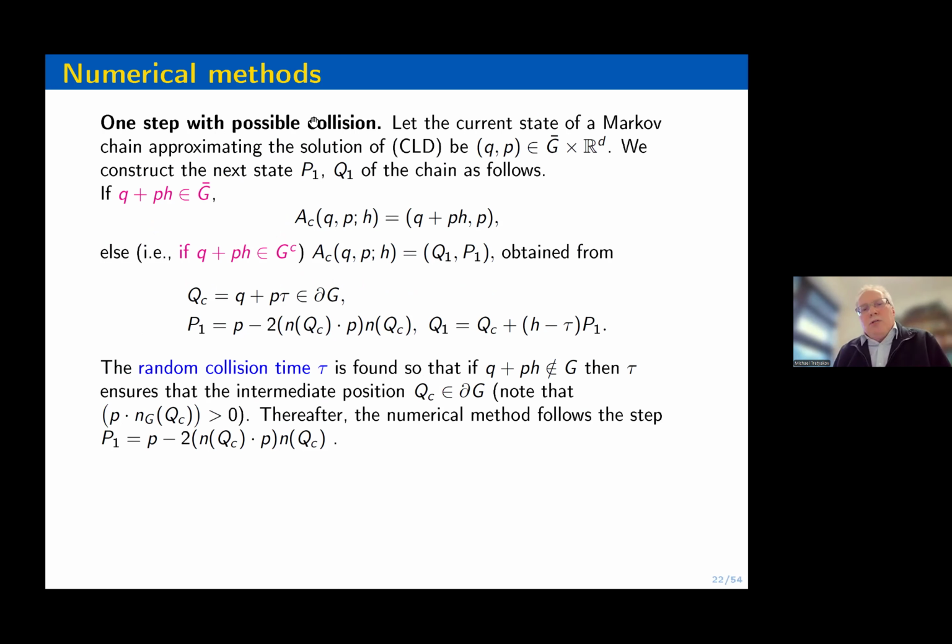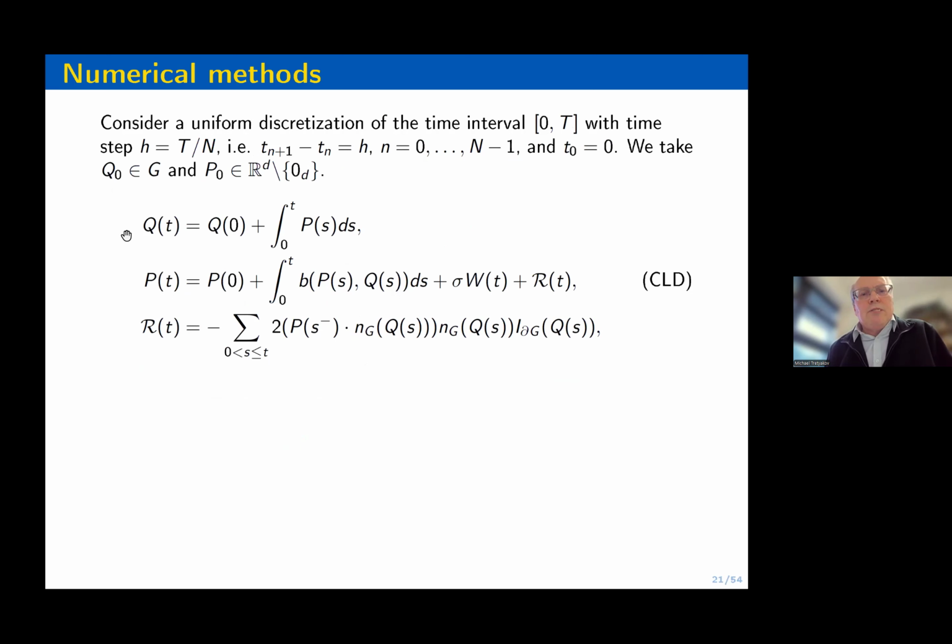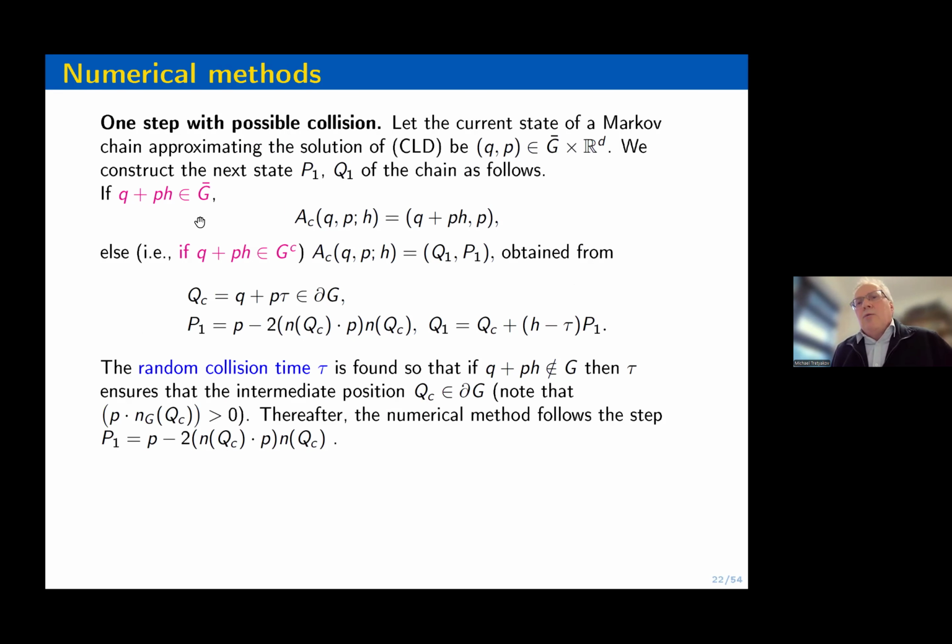We do it in the following manner: we propagate our position with fixed momentum P over this time interval H. And if the new position of the particle is inside the domain, then this is a good position. We take it and work with it further. But if it leaves, we need to do something about it, because the continuous trajectories do not leave.